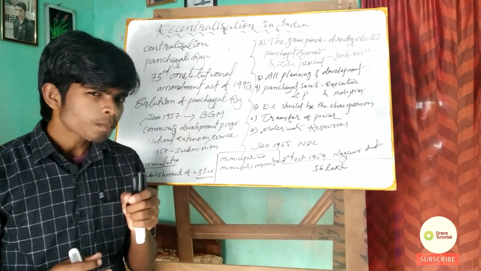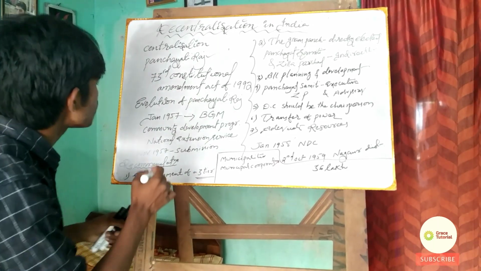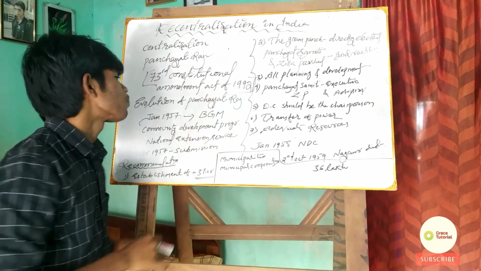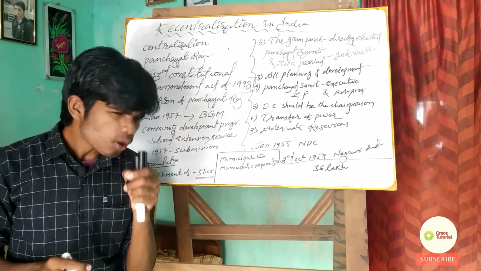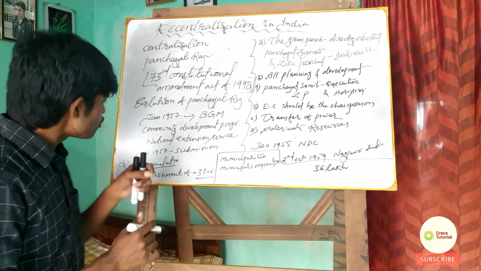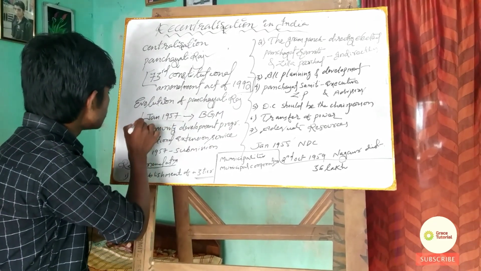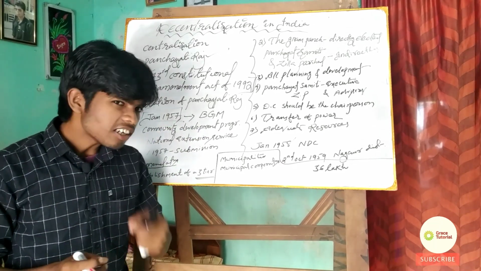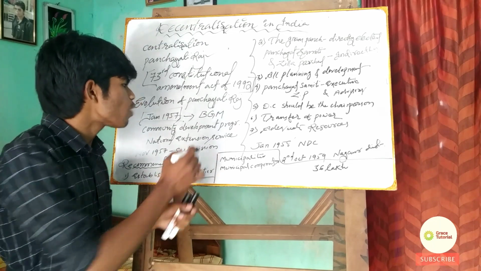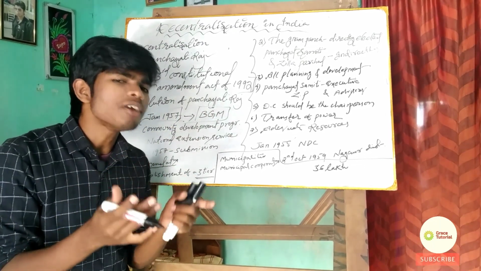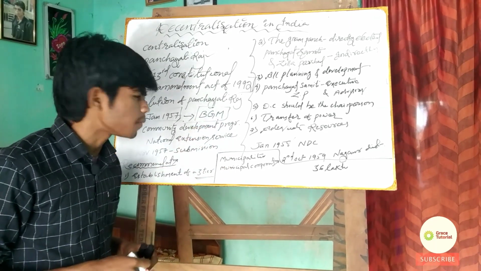It has been constitutionalized through the 73rd Constitutional Amendment Act of 1992. Well, if you look at the evolution of Panchayati Raj, in November 1957, the government of India appointed a committee under the chairmanship of Balwant Mehta, and that's why the name of the committee is the Balwant Mehta Committee.